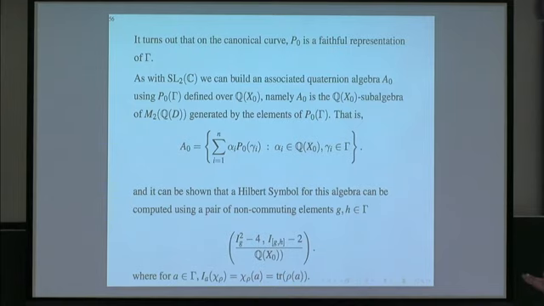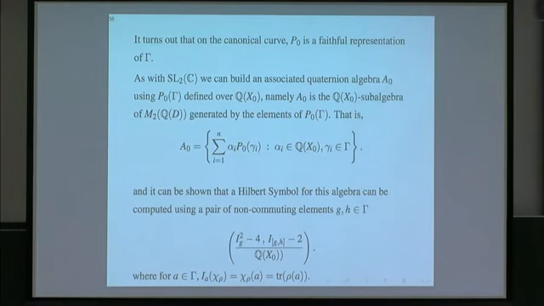So this is going to be the universal object that we're going to work with. Let me draw a schematic to explain what we're going to try to do. So here is X0.